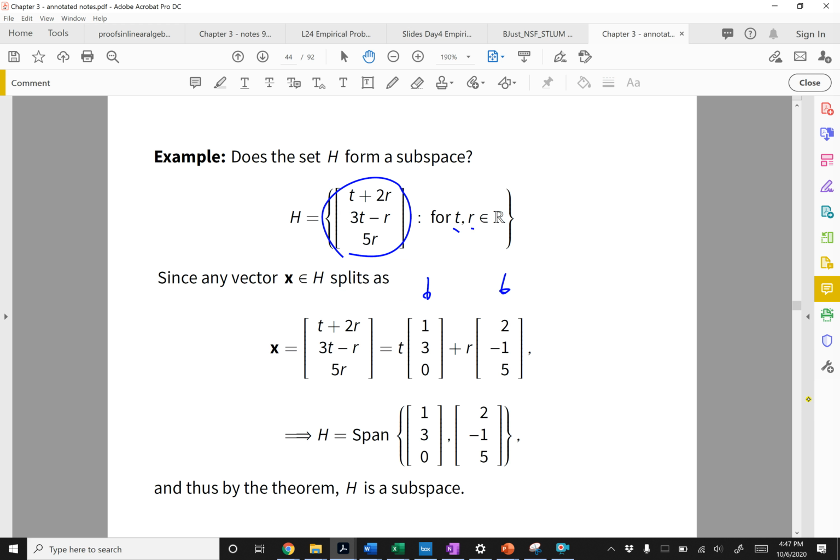Here we should recognize this as the equation of a plane in vector form, where t and r can be any real numbers, so that's really the span of these two vectors. And we already know the span of any set of vectors is a subspace. So we're using the theorem there and not going back to the definition.